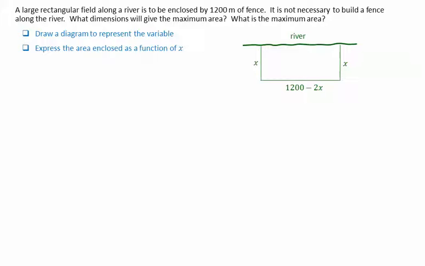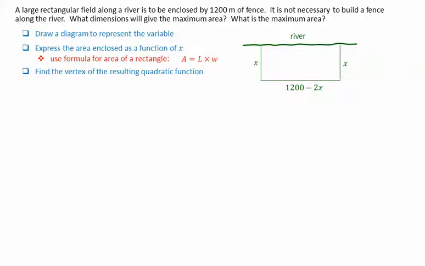We can then express the area that is enclosed as a function of x. We'll use the fact that area of a rectangle is length times width. We can then find the vertex of the resulting quadratic function. We can either do this by completing the square or by simply finding the zeros of the corresponding graph.